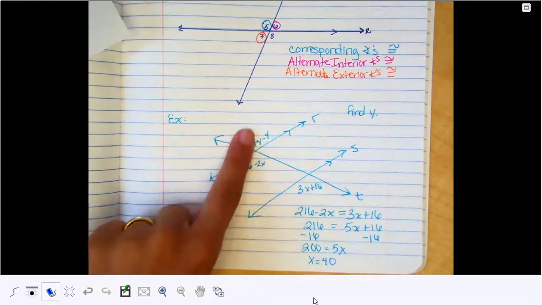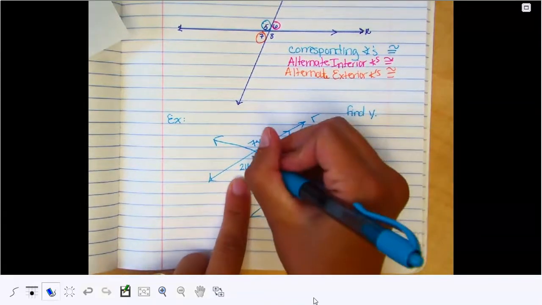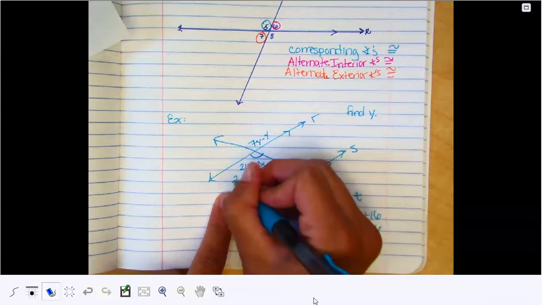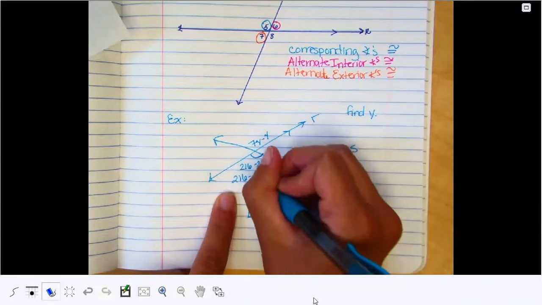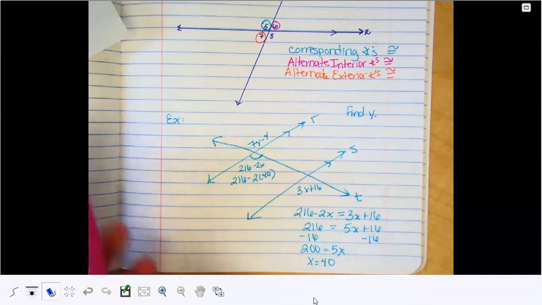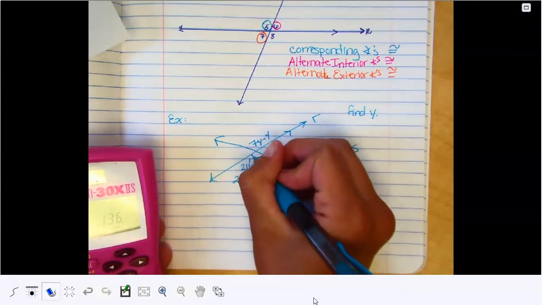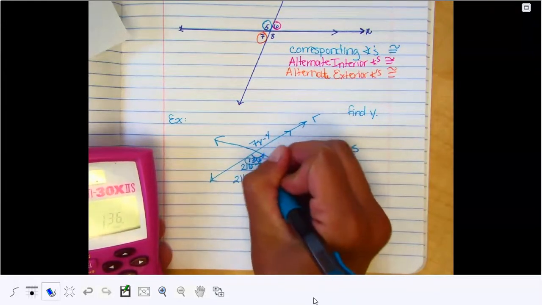We're looking for y. So what does that mean? That means I can figure out what this angle here is, right? So that's going to be 216 minus 2 times 40. So that's basically 216 minus 80. So 216 minus 80 gives me that this angle is 136 degrees.